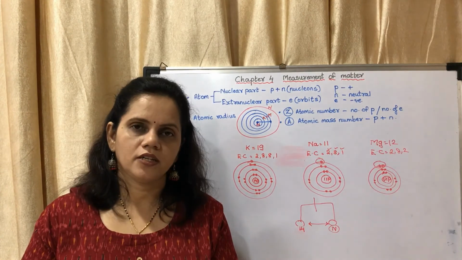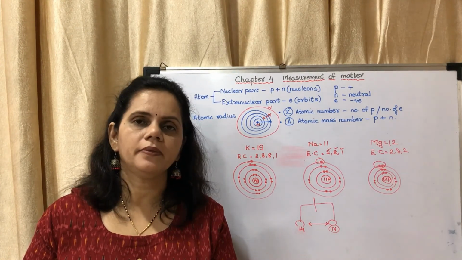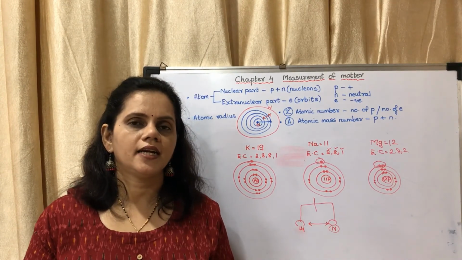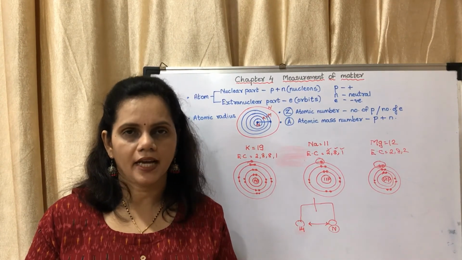You may write whatever your school teacher gives. Potassium 39 and calcium 40. These are the relative atomic masses of some elements.